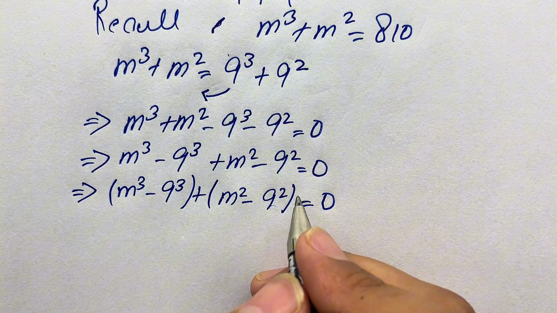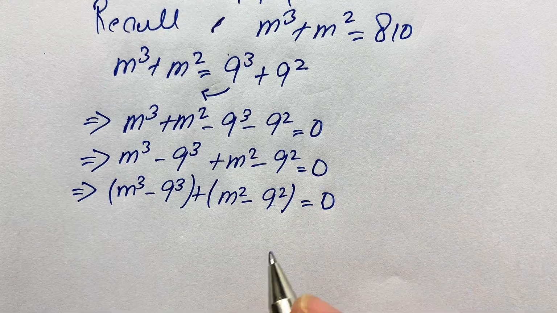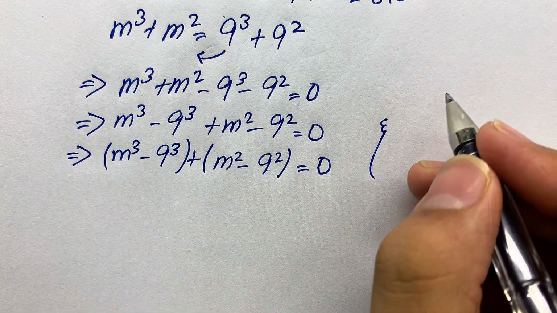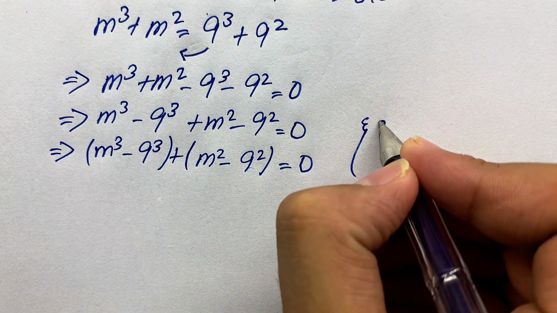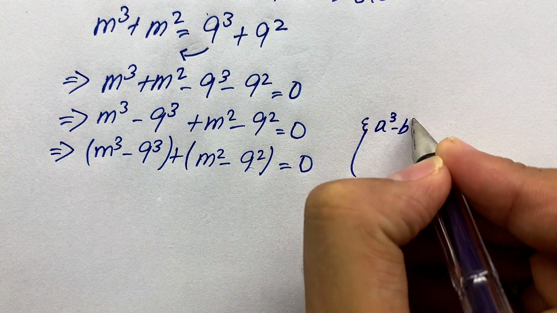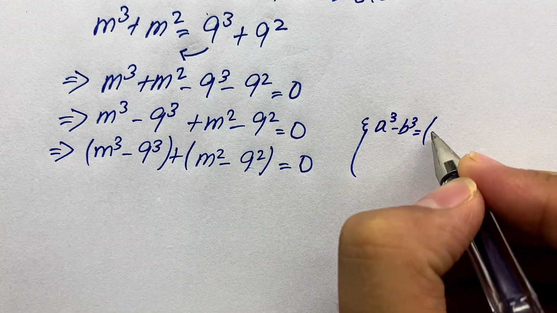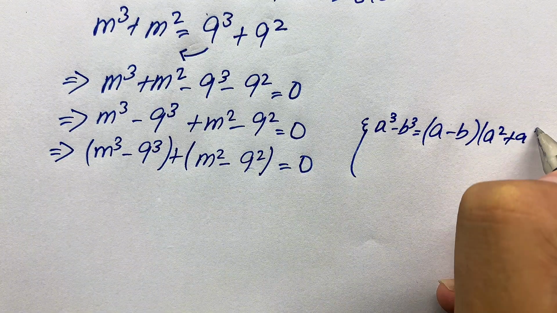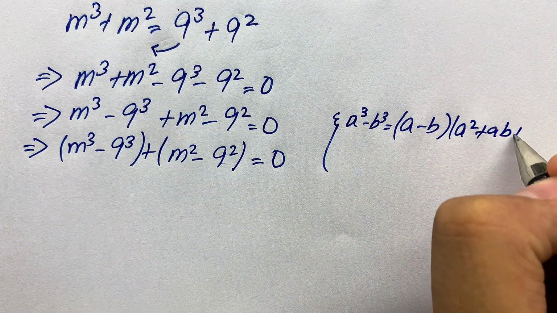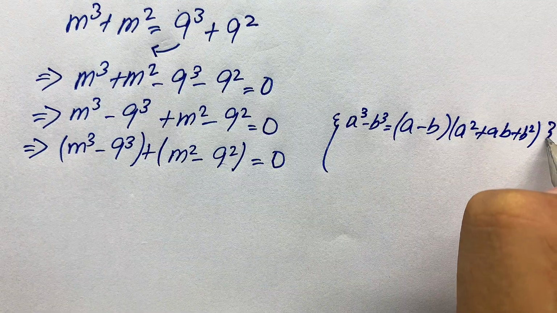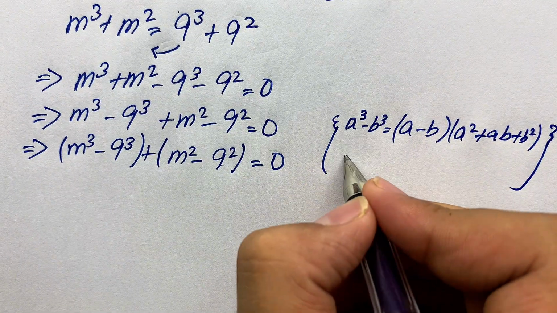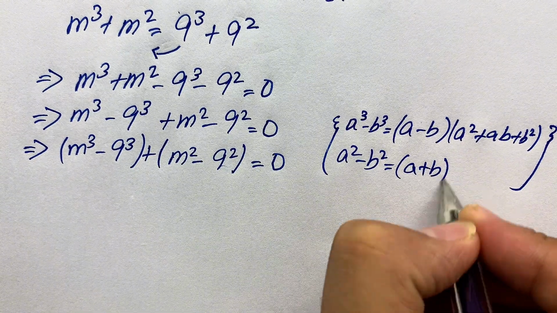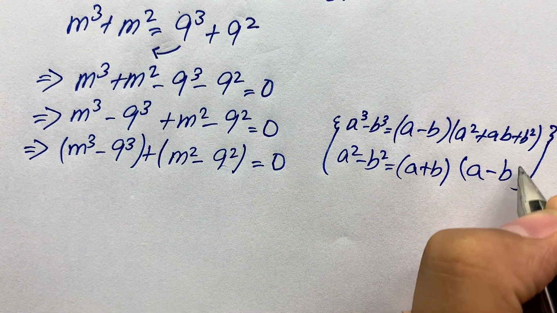So in next step we use formula. We get two stages here. Now we use two different formulas. First is a^3 − b^3 is equal to (a − b)(a^2 + ab + b^2), and a^2 − b^2 is equal to (a + b)(a − b).